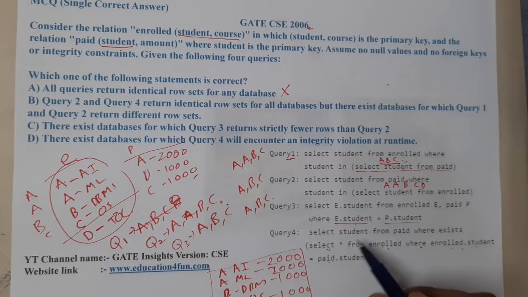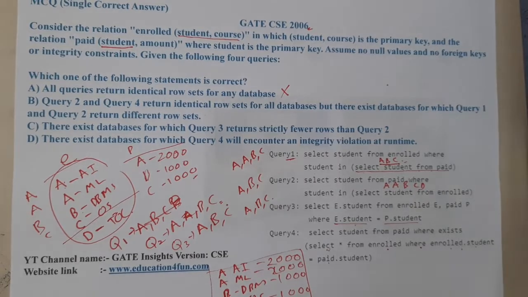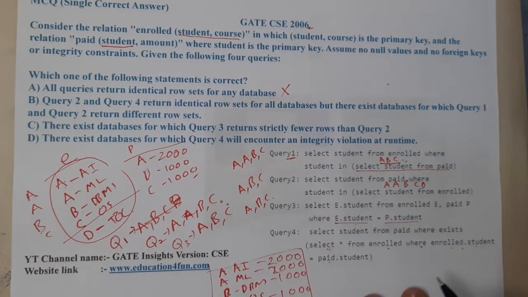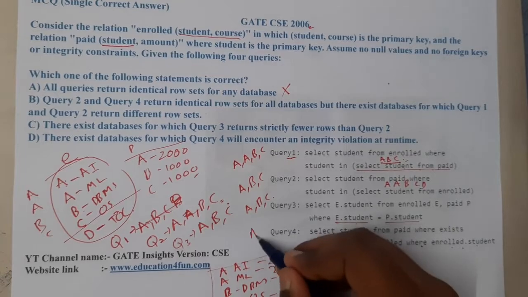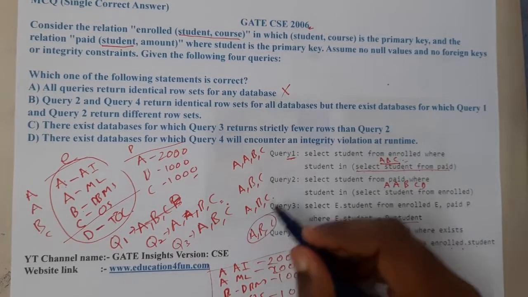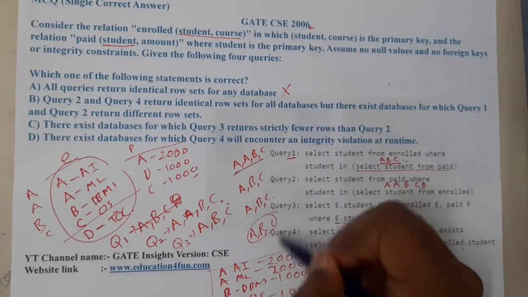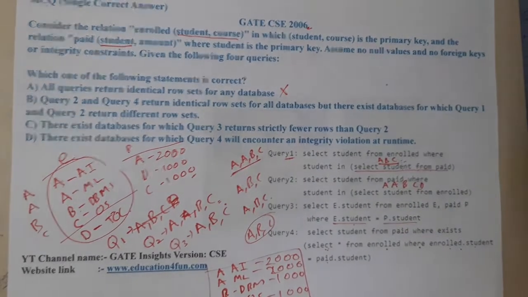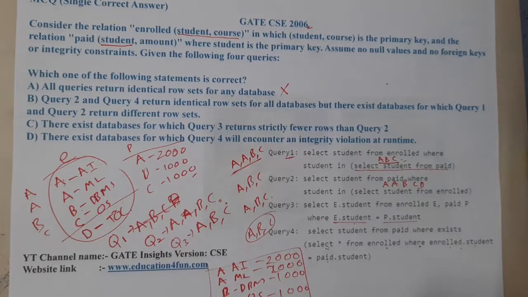Select student from paid where exists: if they are available in that table, we are going to find them. Indirectly you will get the same result ABC here also. So I think only query 1 is not matching with the others, and we can conclude that this particular statement is false. We are searching for the correct statement.